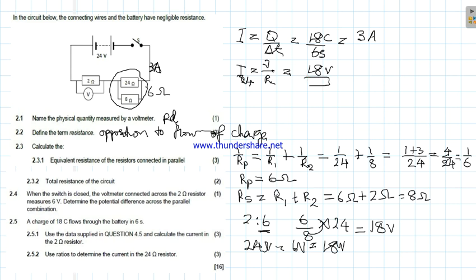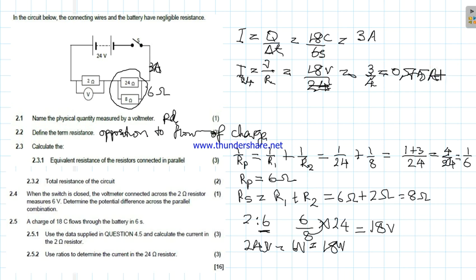The resistance is 24 ohms. So if we divide 18 divided by 24, we can divide by 6, and we are going to get 3/4, which is equal to 0.75 amps.